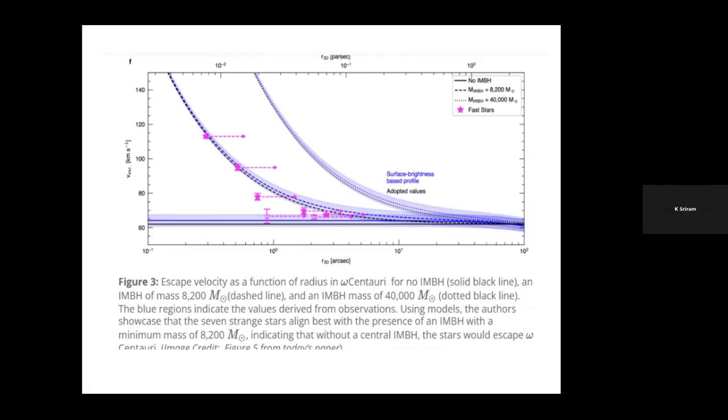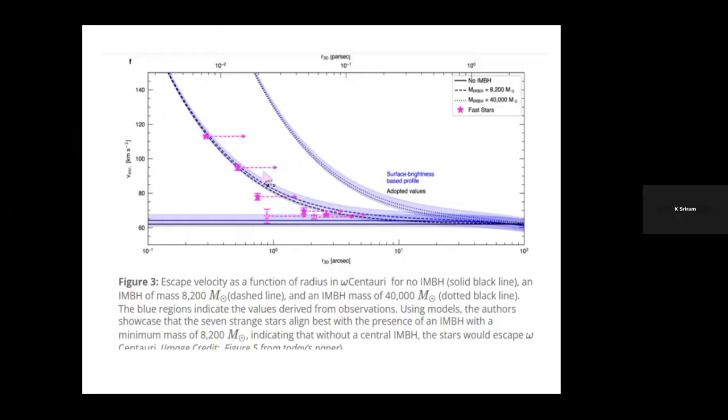These blue and black flat constant lines are the velocity if there is no black hole and the stars are orbiting. This is a theoretical line. For these magenta fast stars, when they calculated observationally, they found that the escape velocity of these stars is above 60 or 80.